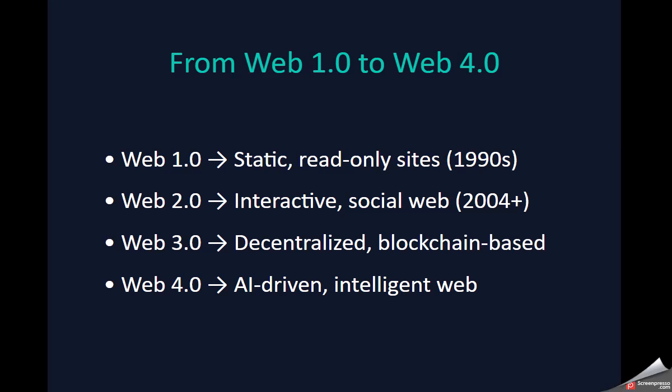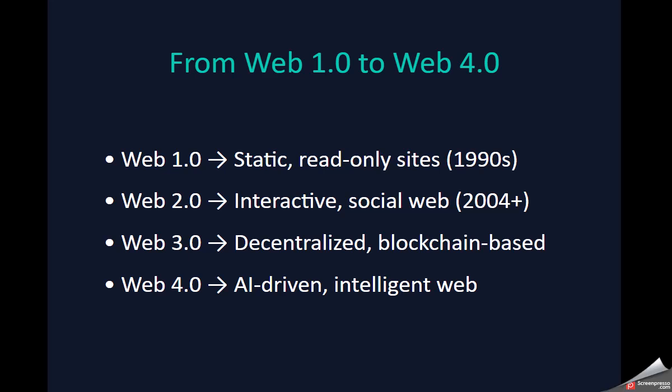From there, we are also moving to Web 3, which is the decentralized or blockchain-based web. It's a smarter, AI-driven and blockchain-powered web. Machines understand data context, not just keywords, with a focus on privacy, ownership, and decentralization.